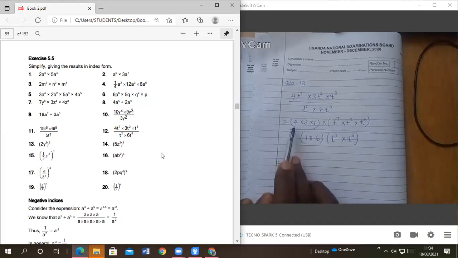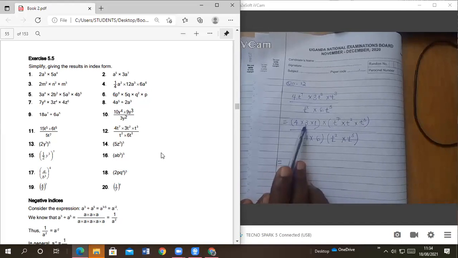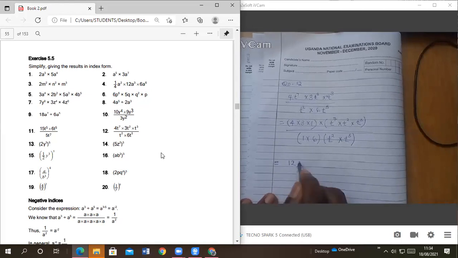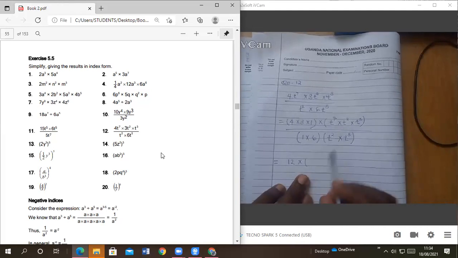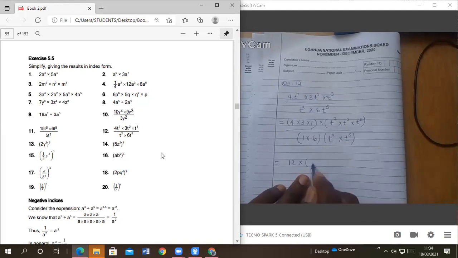Now when we come back here, 4 times 3 times 1, what do we get? We get 12 times. So can we simplify this? They have the same base, which is t.